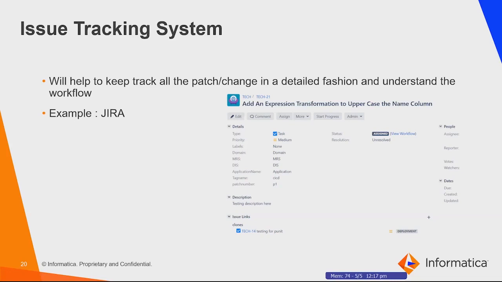A very easy example would be implementing one particular mapping. We can raise an issue and assign it to a particular developer who will be responsible for implementing that mapping. Going forward, we will see how we can achieve that task.